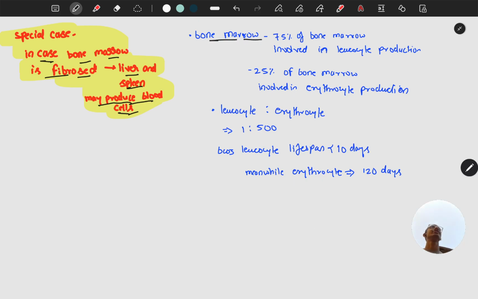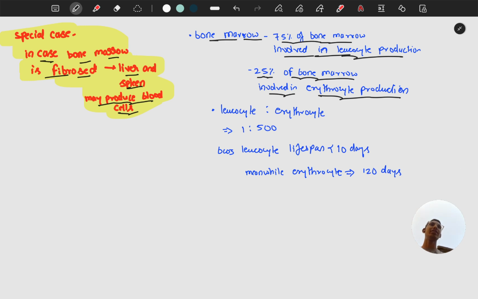75% of bone marrow is involved in leukocyte production, whereas only 25% of bone marrow is involved in erythrocyte production. Here we can see most of the bone marrow is involved in leukocyte production.